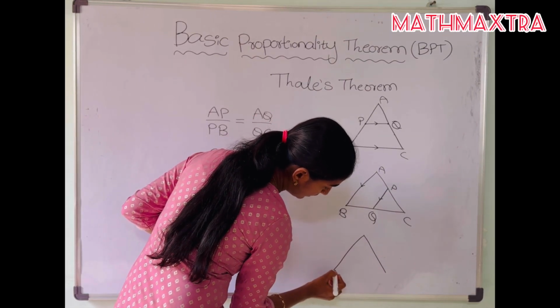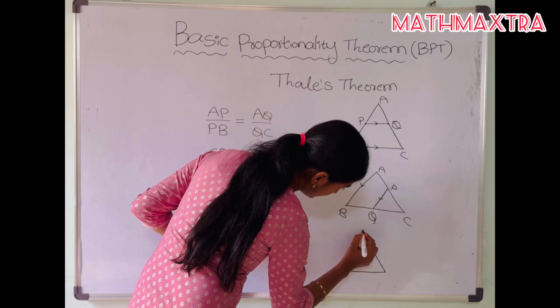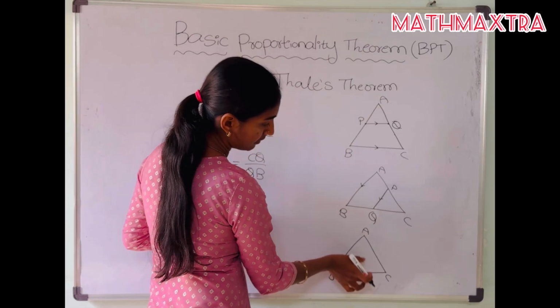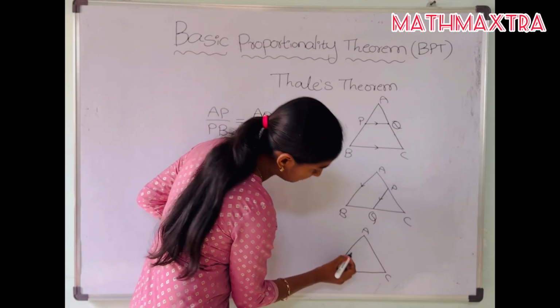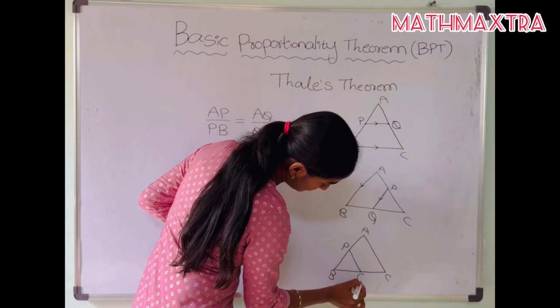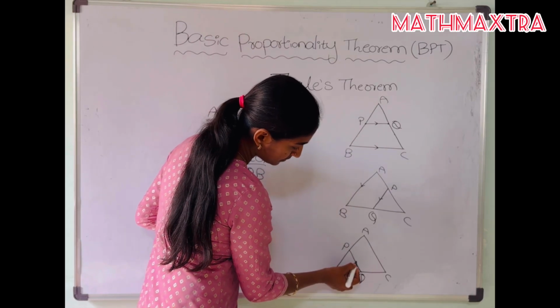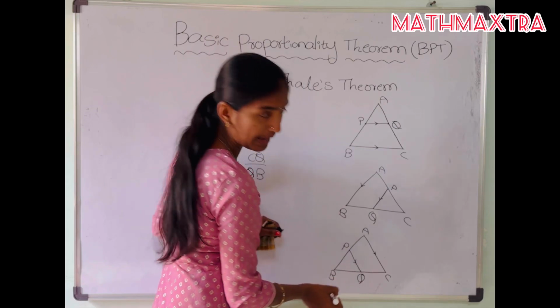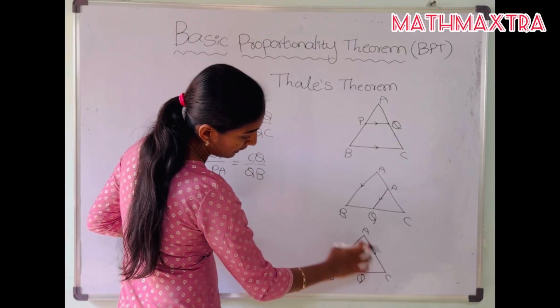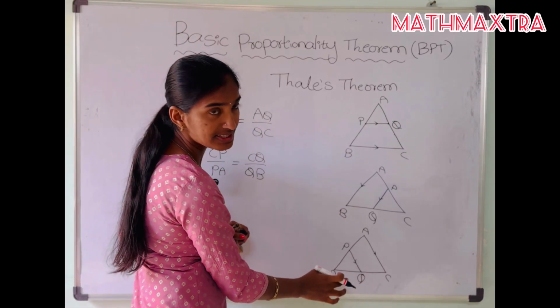You can take a parallel line to the other side also. Now I am taking a parallel line to AC. This is PQ. These two lines are parallel. What is it doing? It is dividing the sides AB and BC in the same ratio.